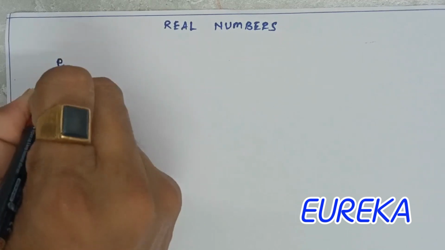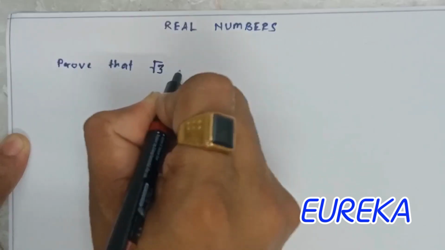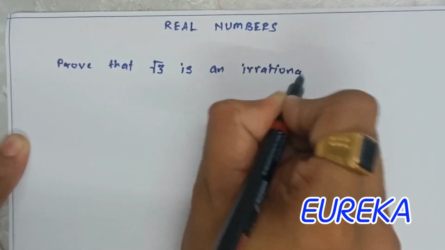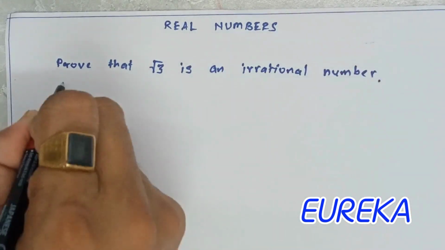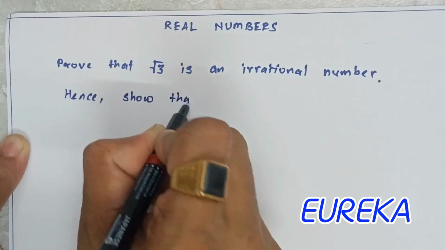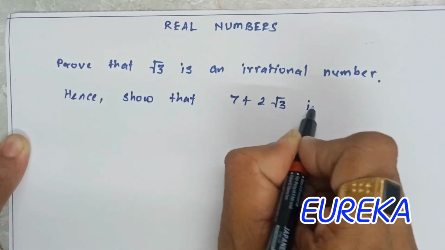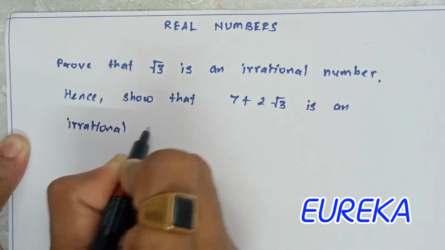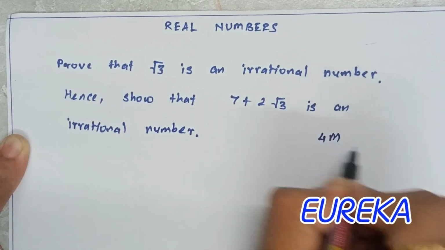The question will become: prove that root 3 is an irrational number, hence show that 7 plus 2 root 3 is an irrational number.